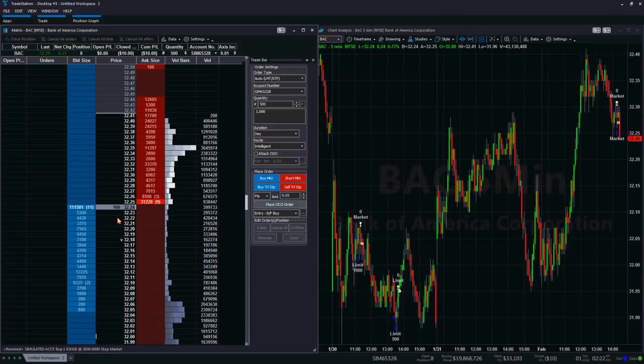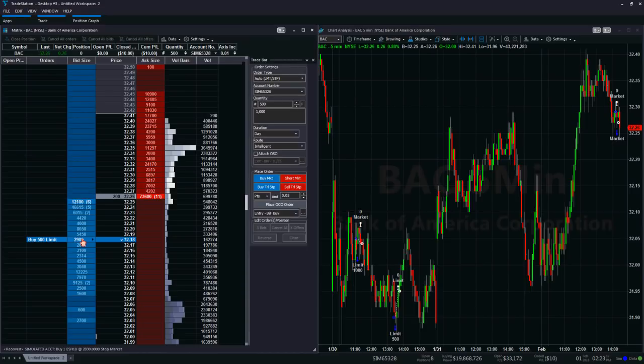But what makes the matrix also a very useful window to place your orders is that by taking my cursor and putting it on the blue, the matrix assumes that I'm going to buy. I haven't clicked, I'm just hovering, I'm just moving my mouse over the blue, and you can see that towards the left-hand side of the blue, it says buy 500 limit.